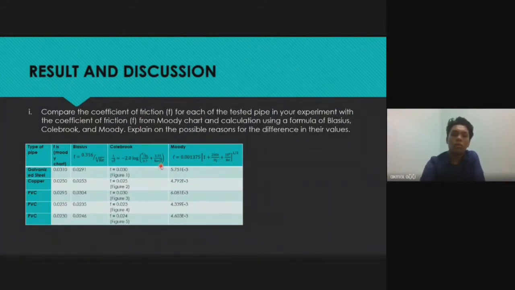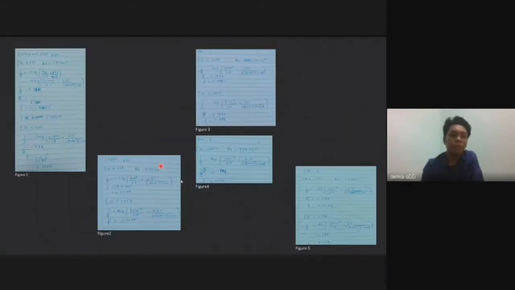So we can see in the figure where firstly galvanized steel pipe, we assume that F approximately equal to 0.031, and the final answer we get F equal to 0.03033.